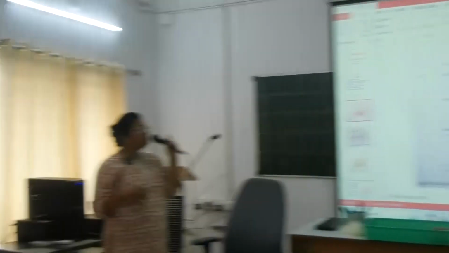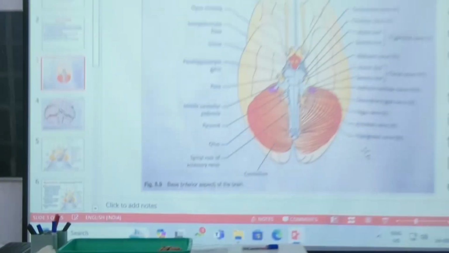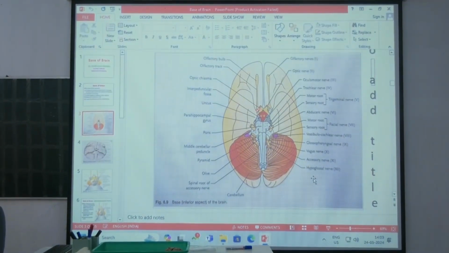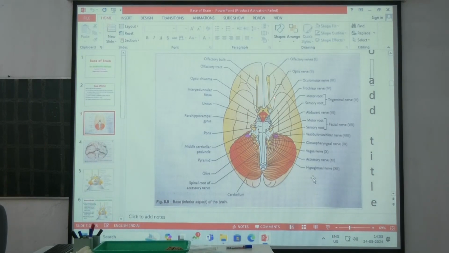We will discuss the individual nerves. See here, sorry, this is the orbital surface. Here is the tentorial surface of the brain, and this area is known as the interpeduncular fossa. This is very important. We will discuss the boundaries. Anteriorly, it is bounded by these optic nerves, optic chiasma, and optic tract.